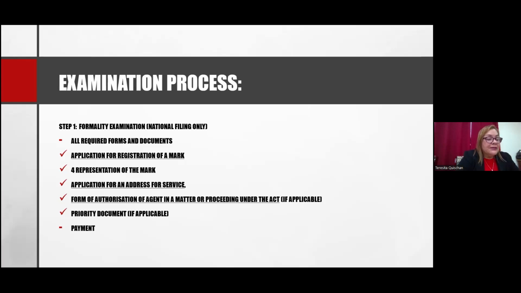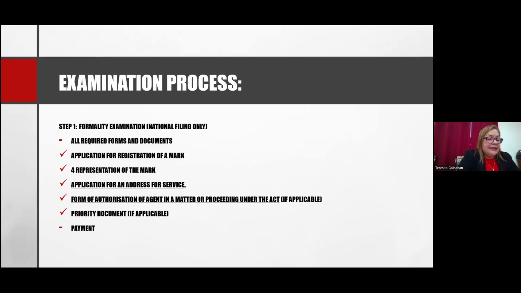The application must be accompanied by a full representation of the mark. Where the applicant is represented by an agent, an address for service and a form of authorization must also be filed. In addition, for a priority claim, the examiner confirms that the priority has been submitted within the prescribed time.